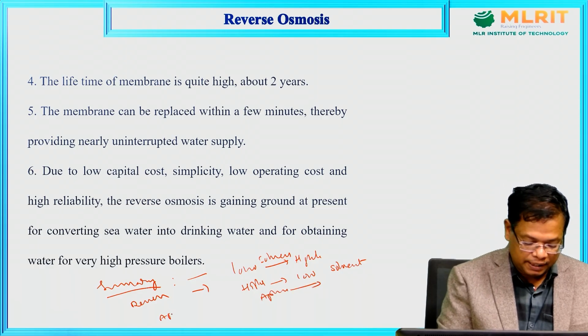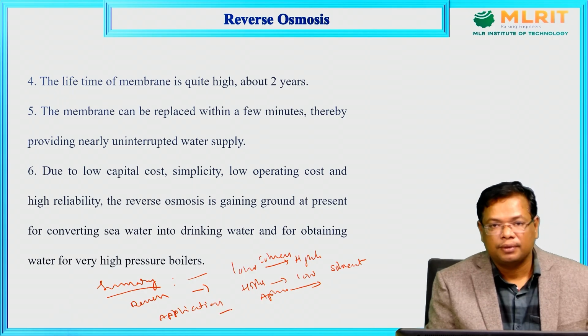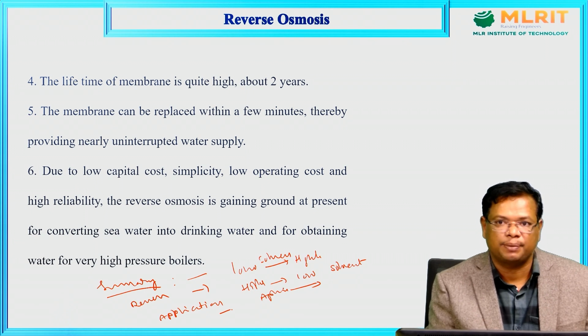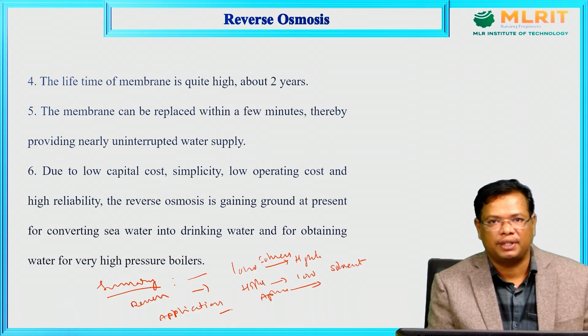What are the applications we talked about just now? To make impure water into fresh water by using these techniques, especially the reverse osmosis technique. By using external pressure on the high concentrated solution, we remove the colloidal particles, ionic particles, non-ionic particles, and we can make it pure water.